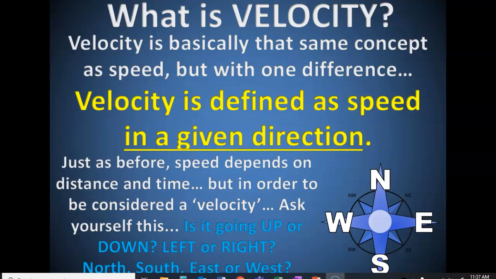So just as before, speed depends on distance and time, but if we're going to consider it to be velocity, then technically we also have to ask ourselves, what direction is it going in? Is it going up or down or left or right or north or south or east or west, or really any type of direction that is applicable to the situation would then help us to be able to say that this is velocity. All right.